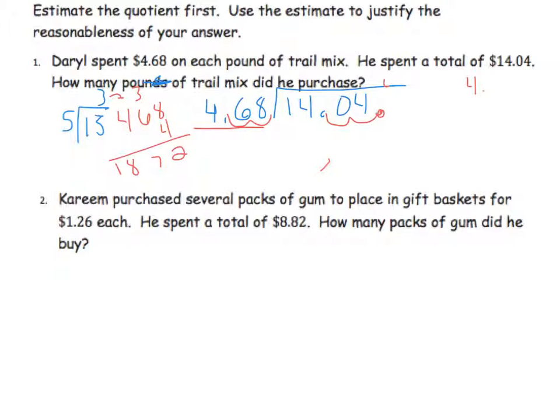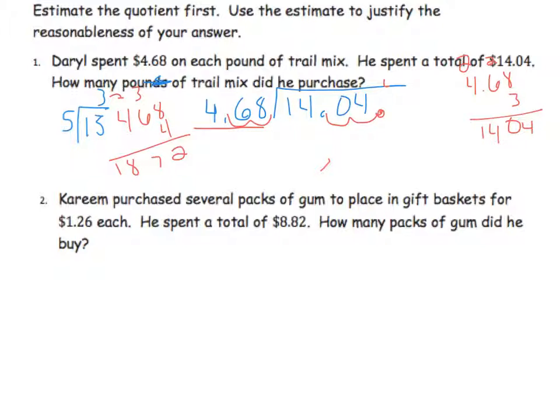So 468 times 3, 24, carry the 2, that's 3 times 6 is 18 plus 2. And again, I'm talking through this for those of you that are still not comfortable with this long division. So then 4 times 3 is 12 plus 2.